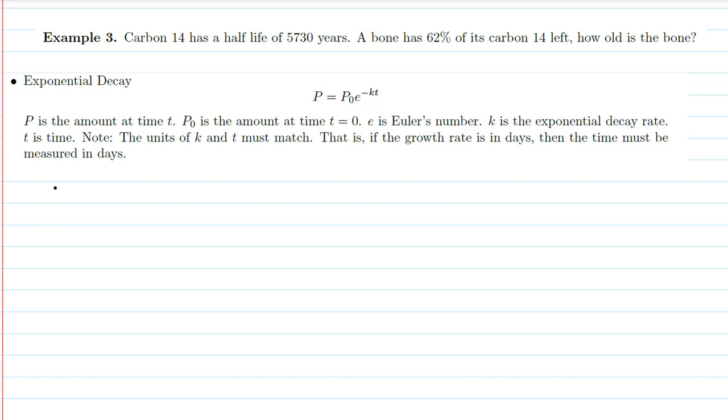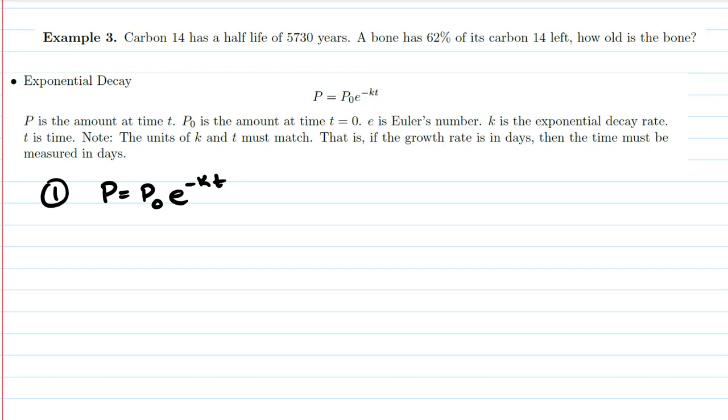So that's our step 1. So P equals P naught e to the negative kt. And notice it looks almost exactly the same as the exponential growth equation, except our growth rate, k, is negative because it's getting smaller.